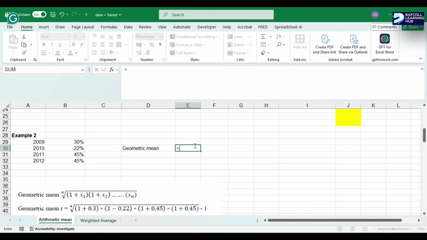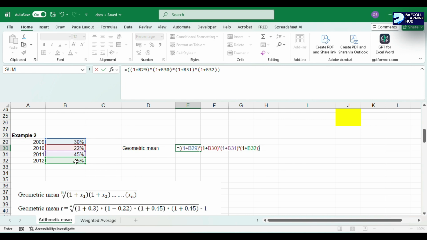Equal to, then we have 1 plus the growth rate in 2009, times 1 plus the growth rate in 2010, times 1 plus the growth rate in 2011, times 1 plus the growth rate in 2012, and close it. Now, I'm dealing with my fourth root.